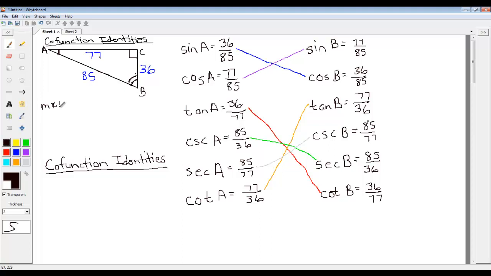Measure of angle A plus the measure of angle B plus measure of angle C has to equal 180 degrees because it's a triangle on a plane. But we also know that angle C here is 90 degrees because it's the right angle. So that must mean that angle A and angle B add up to 90 together.